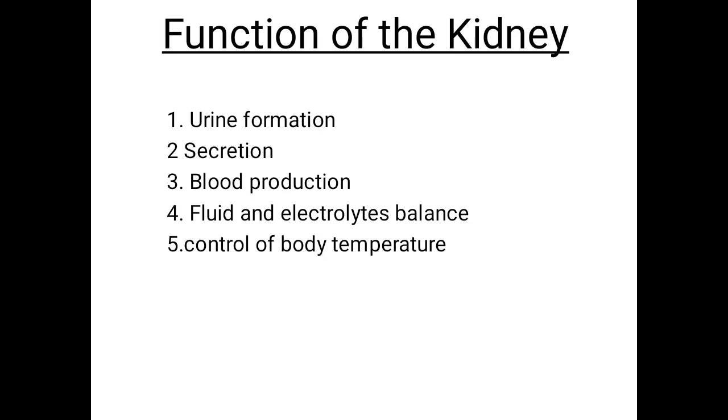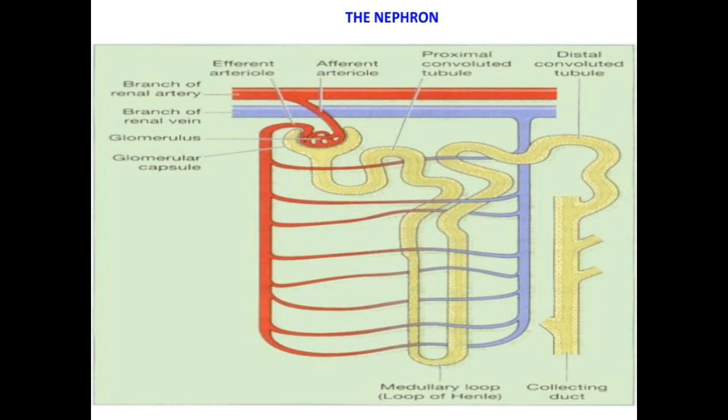During this phase, let me go back to the diagram so that we see what we're talking about. In this stage, as we can see, we have our renal vein just right there, and our renal artery. Let's say blood from the heart comes at a higher pressure and goes through the aorta.